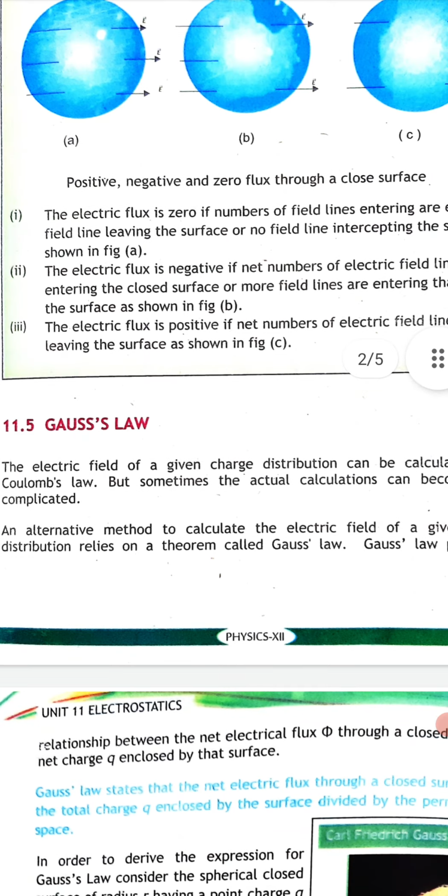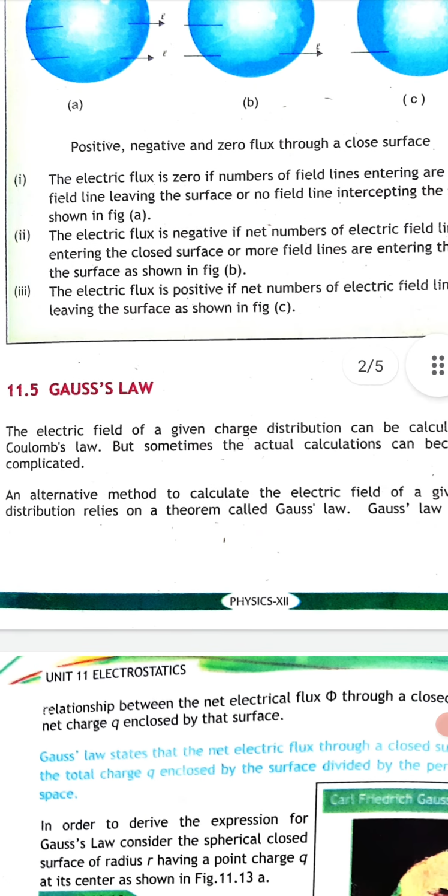So we will relate this concept, how the amount of charge enclosed by the closed surface is related to the electric flux, and this will be discussed in the coming topic, called Gauss's law. Gauss's law relates the amount of charge enclosed by the closed surface with the electric flux through the closed surface, and on the basis of that statement I am able to know the nature of the charge enclosed by the closed surface, right.